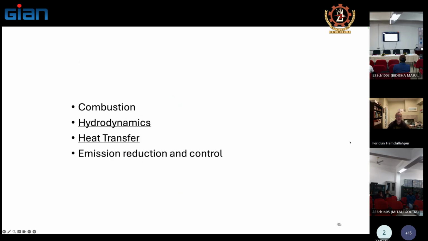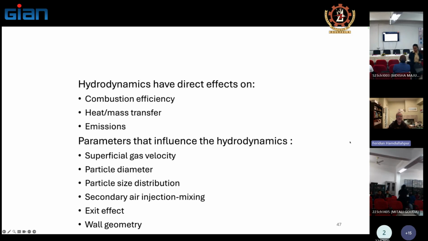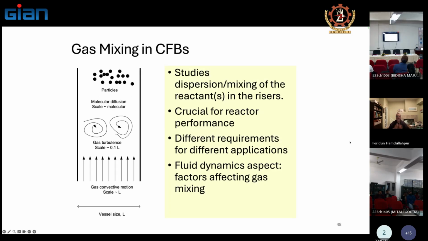Okay. So we covered these mostly. We covered these parts, and we mentioned that hydrodynamics have direct effect on these things. So let's talk about then the mixing of gases.